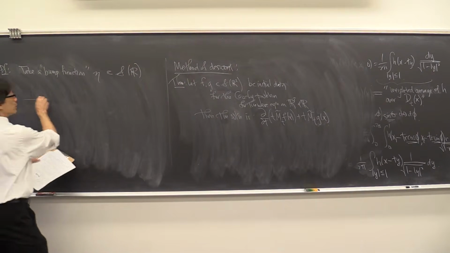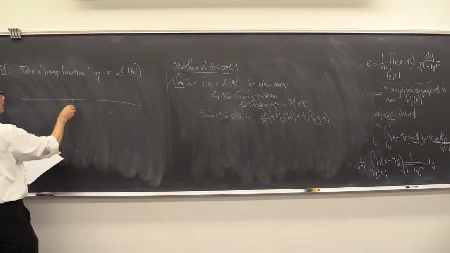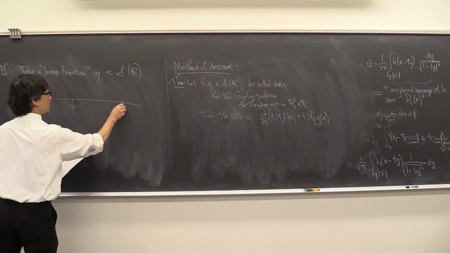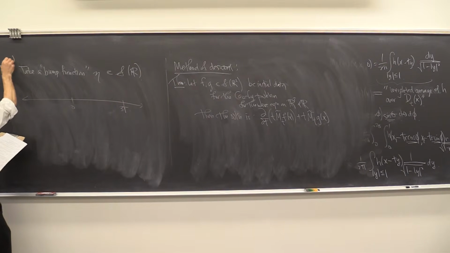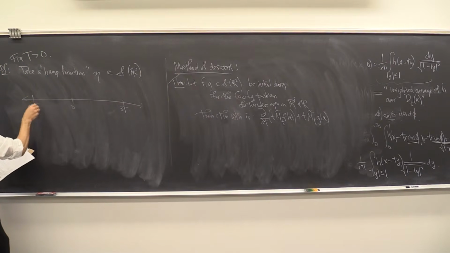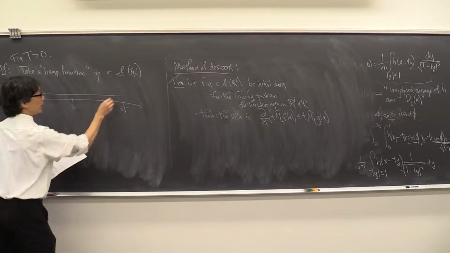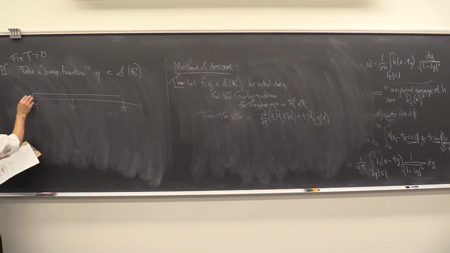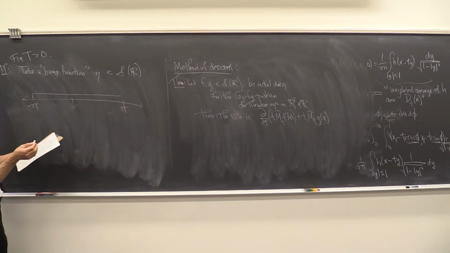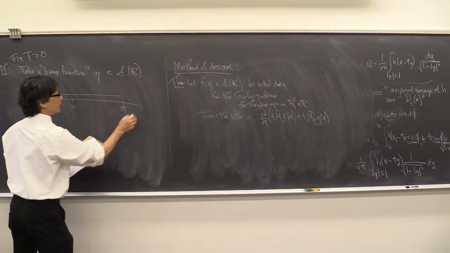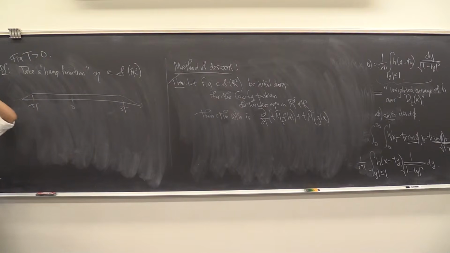Okay, and the bump function is going to look like this, right? For fixed t, so fix a t bigger than 0, the bump function is going to be 1 between negative 3t and positive 3t. Okay, and then it declines after that. It's Schwartz class, so it's decreasing rapidly.